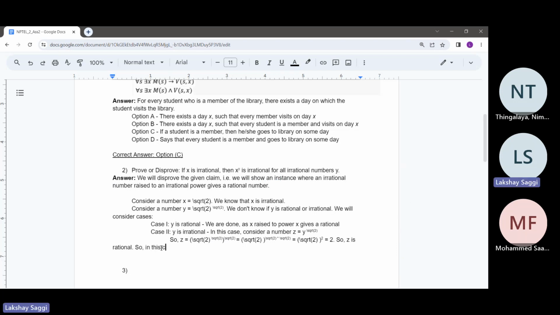So in this case also, we have shown that an irrational number, and here the irrational number was y, raised to an irrational power, and here the power was root 2, gives a rational output, and the output here was 2.